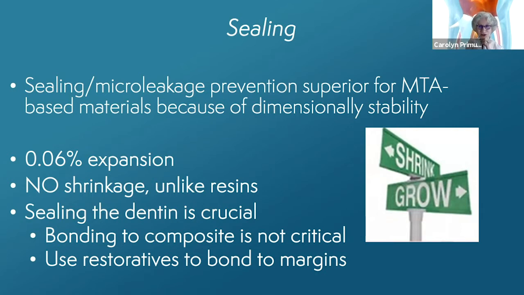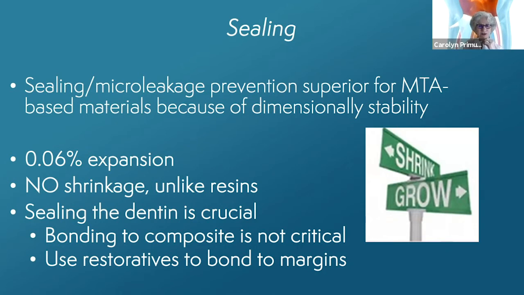And that's a benefit over the materials you often use, which contain resins, which always shrink. In fact, there's a tiny bit of expansion that occurs with most MTA type materials. And that stability is what contributes to sealing the dentin, which is the crucial reason why you're using this material for contact with either the dentin or with the pulp, so that you will protect those tissues.